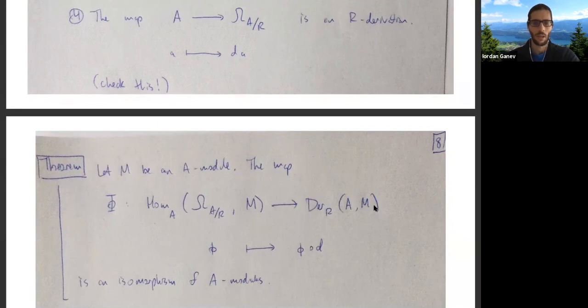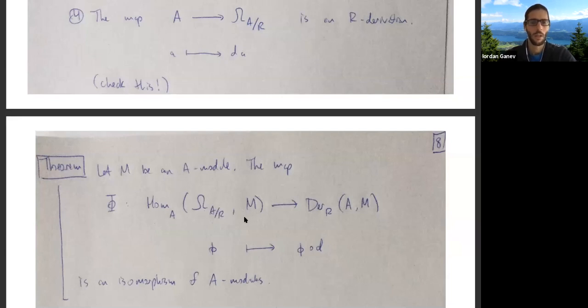We saw that this has geometric significance in terms of tangent spaces and so forth. But the derivation condition is maybe a bit hard to work with. So it's much nicer if we can say that these are actually some sort of A-linear maps. And in fact, that's true. These are the same as A-linear maps from the Kähler differentials to the module M. So these are just two A modules.